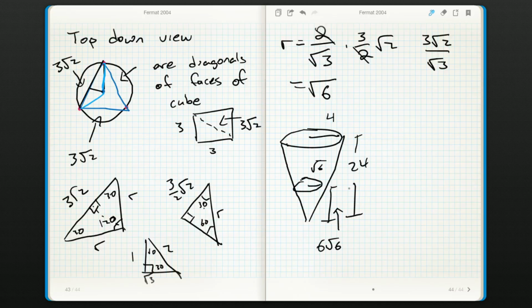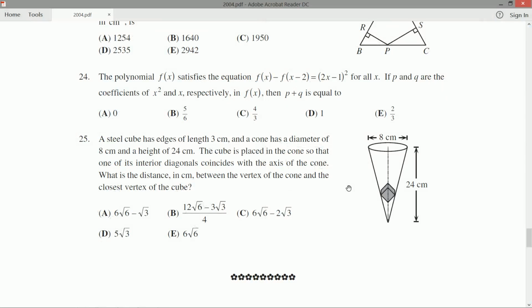Out of curiosity, is this root 6 ever going to go away? And we take a look at the answers, not so much. But I am actually emboldened by the fact that we've got some 6 root 6s in some of the answers. In fact, E is 6 root 6. And if it had taken you a while to make this connection of this cut circle with the 3 corners, you might, after a long time, this has happened to me a lot, you do a lengthy computation after a lengthy mental exercise to get yourself in a good position.